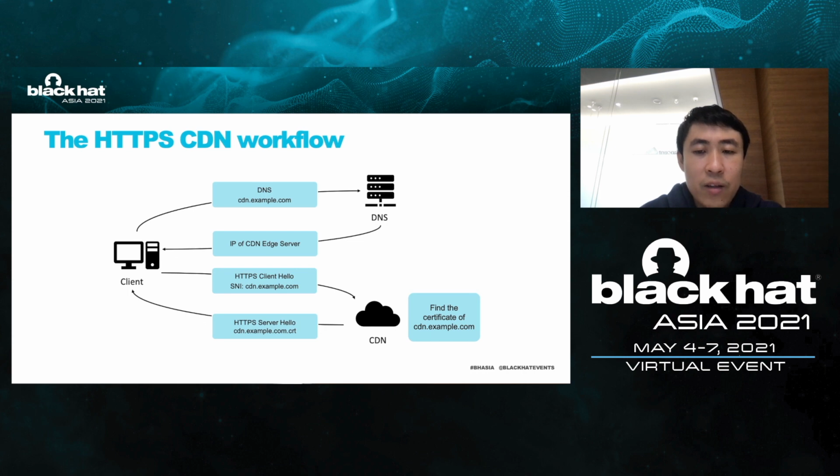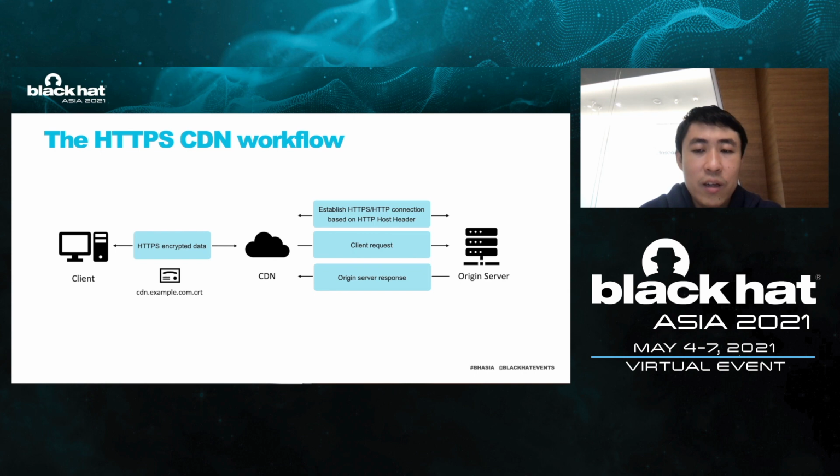A normal client request goes like this. First, the client tries to resolve the domain name and gets one IP of the CDN edge server. Then, the client sends an HTTPS client hello with cdn.example.com SNI to the IP. The CDN finds the certificate of cdn.example.com and establishes an HTTPS connection.